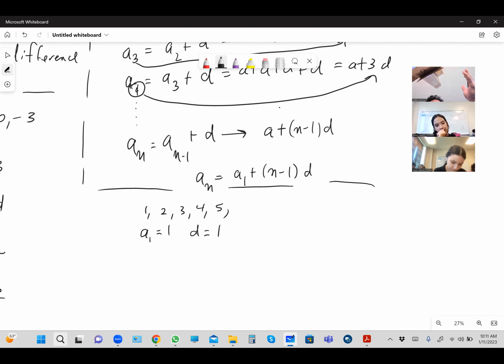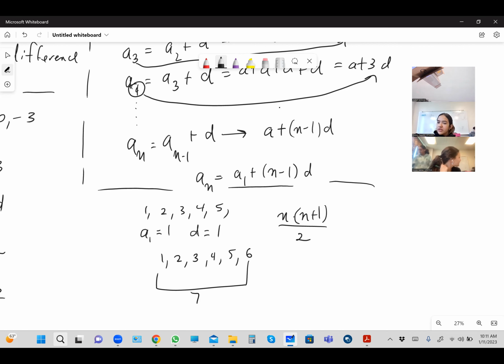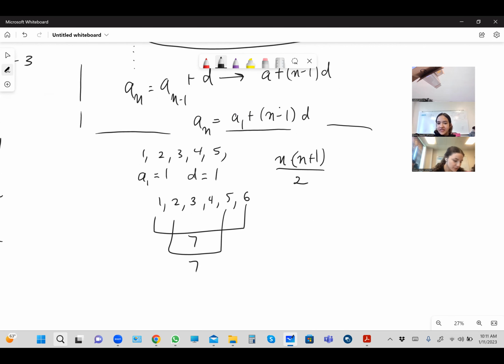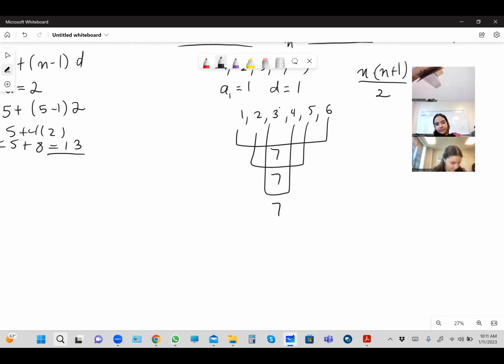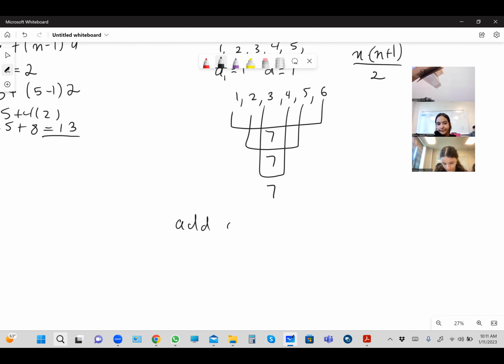Now, we said that when we added this up together, we would just use the following formula: n times n plus 1 divided by 2. And remember, we went like this in class: 6 plus 1 is 7, 5 plus 2 is 7, 4 plus 3 is 7, right?